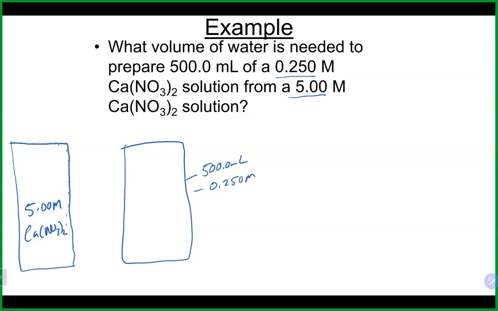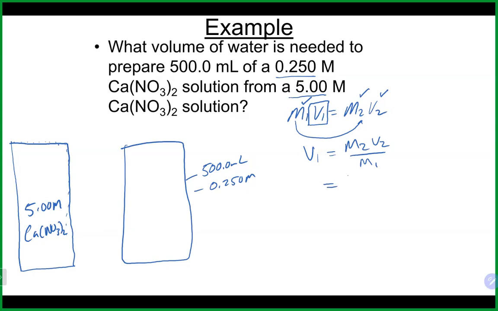So once again, this is a situation where we could use our M1 V1 equals M2 V2. We have the more concentrated molarity, the more dilute molarity, and the final volume. We don't have V1. We're going to send M1 to the other side, which gives us V1 equals M2 V2 divided by M1. If you want to convert the volume into liters, you can, but you don't really need to using this formula.